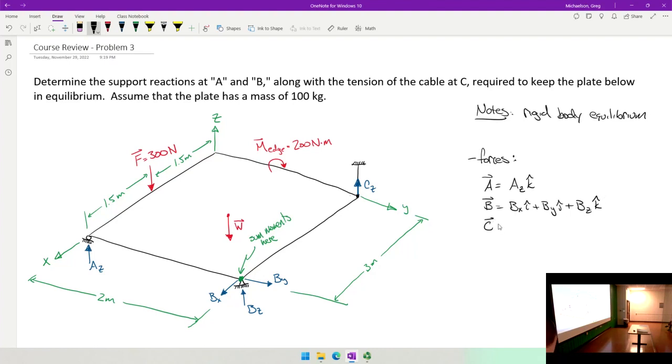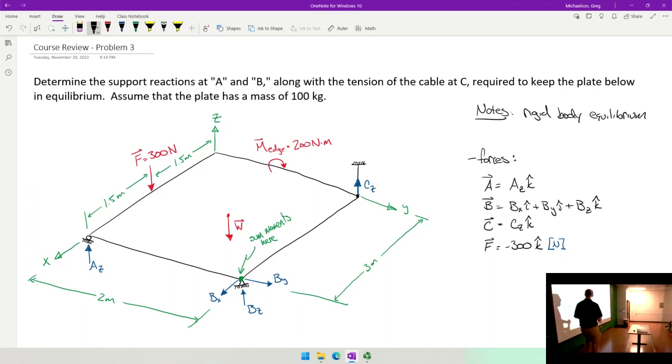C is just that. Okay. Now we have an F vector, a force. Okay. That force is in the negative Z direction. So it's negative 300 times K. That's newtons.